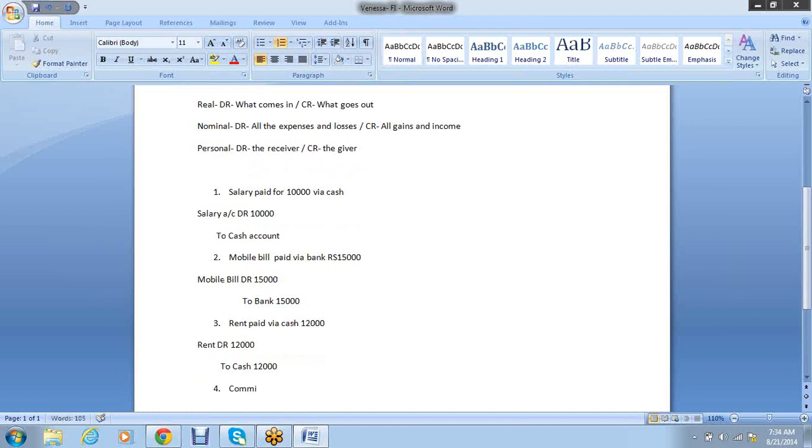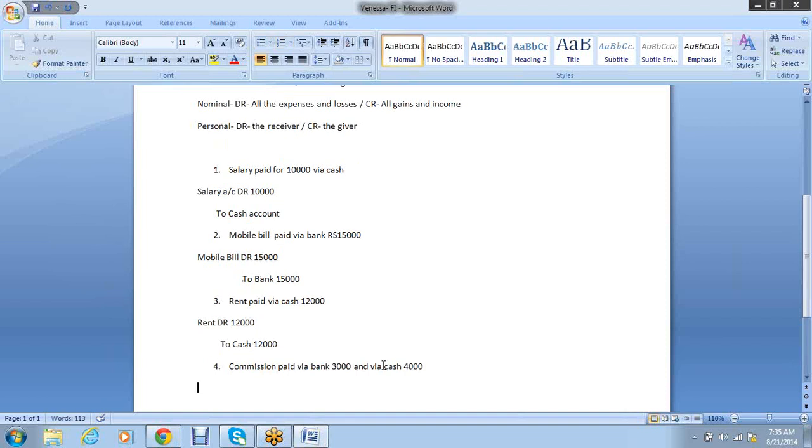Now, commission paid via bank 3,000 and via cash 4,000. So now tell me what is the entry.